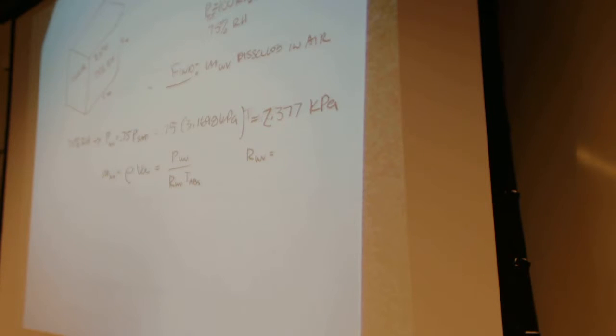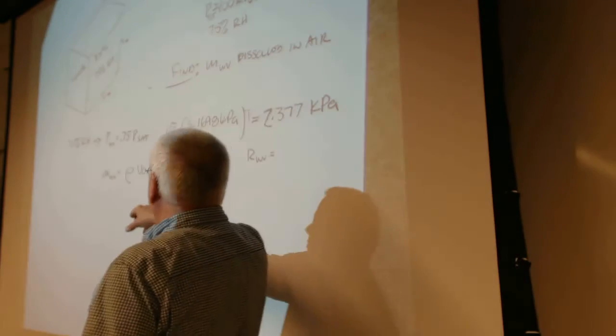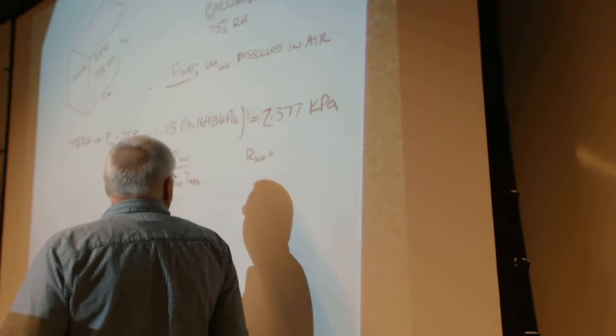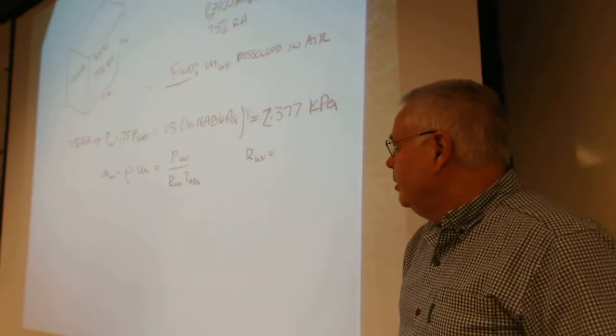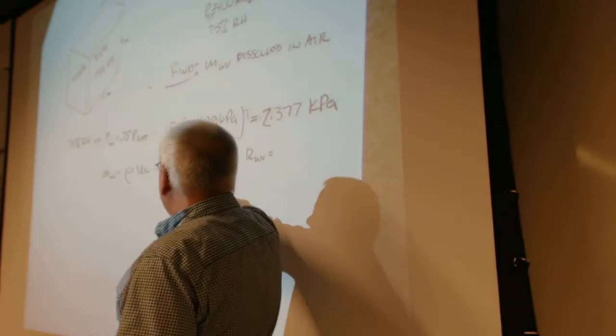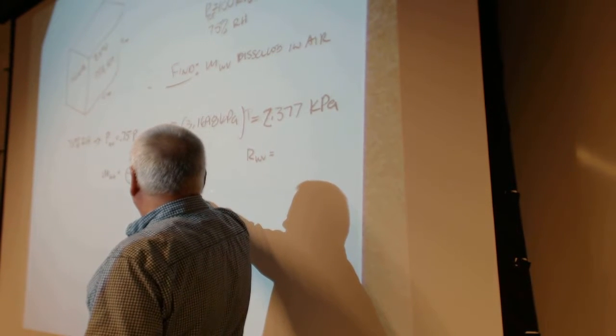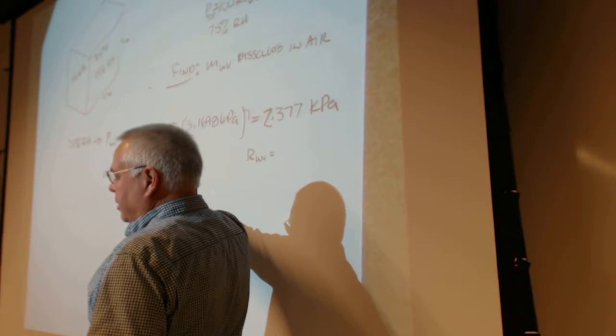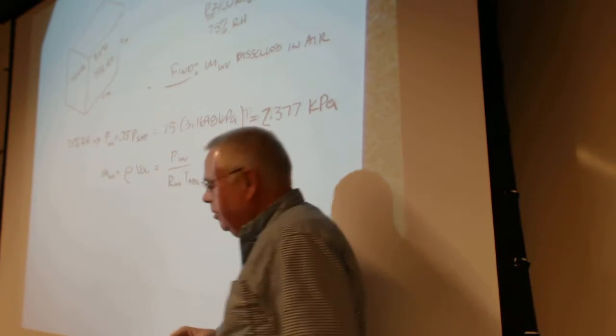Okay, for our next trick, what's the mass? The mass is going to be the density times the volume. And what's the density? It should be pressure of water vapor times R for the water vapor, which includes the molecular weight, and temperature absolute.